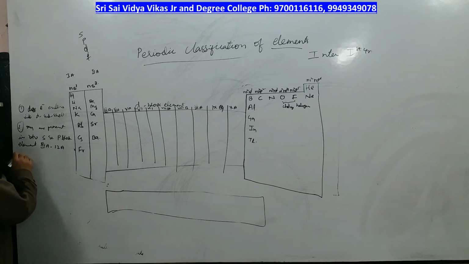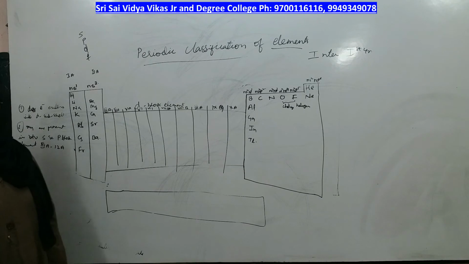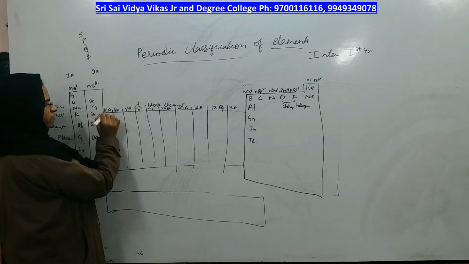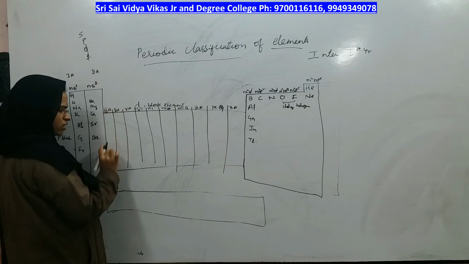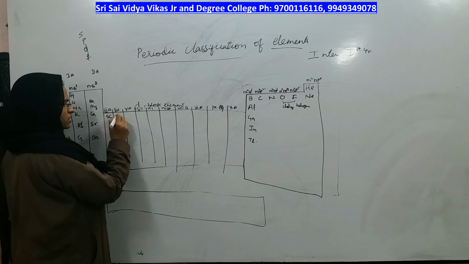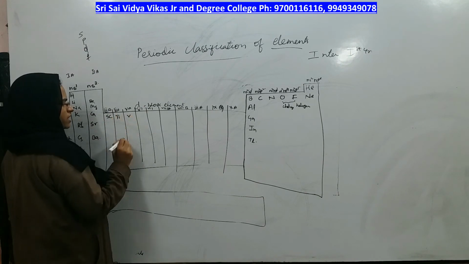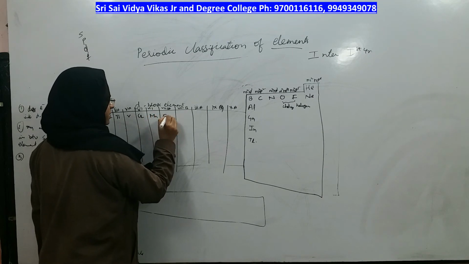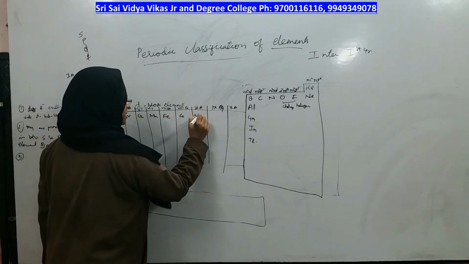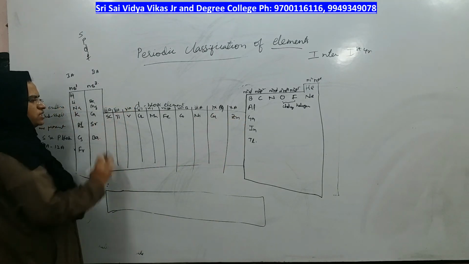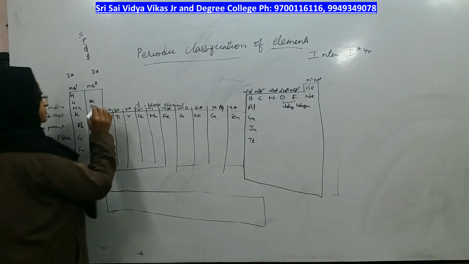What is their speciality? Sorry, before going for speciality, let us write the general electronic configuration of this block. To know that, let us write who comes under the first group: scandium, titanium, vanadium, chromium, manganese, iron, cobalt, nickel, copper and zinc family. Now, what is the electronic configuration of scandium?